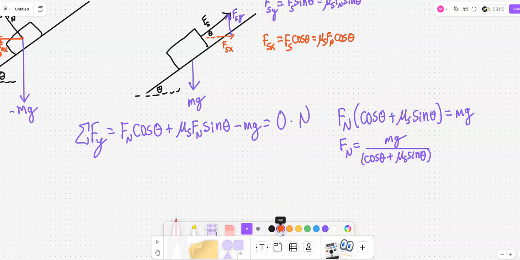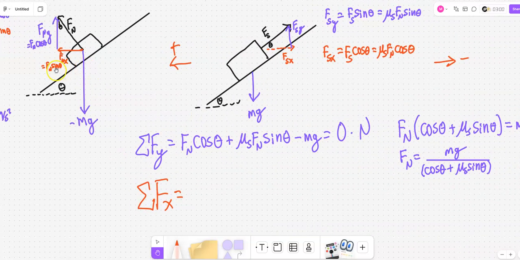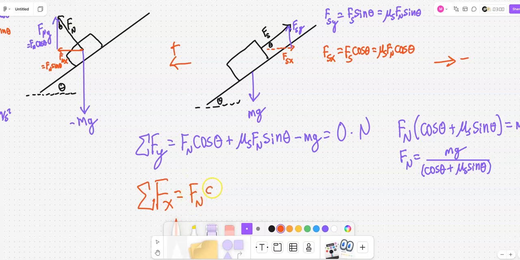And let's find the sum of the forces in the x direction. And remember, we're going to say that the direction towards the center of the circle, your circular path, is going to be positive. This direction will be negative. All right, so we are going to have this value here pushing towards the center. The force normal times the sine of theta.